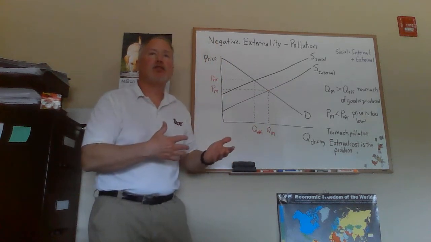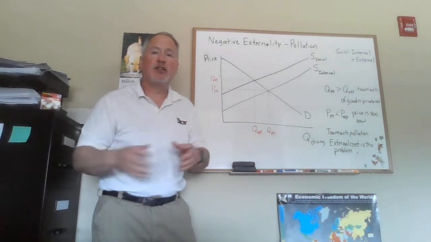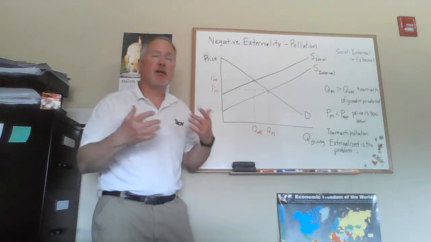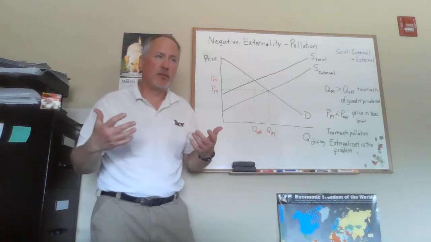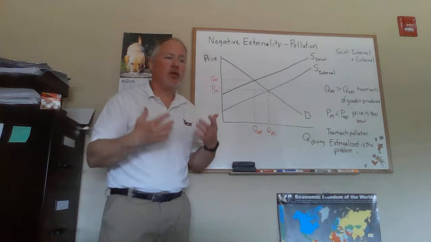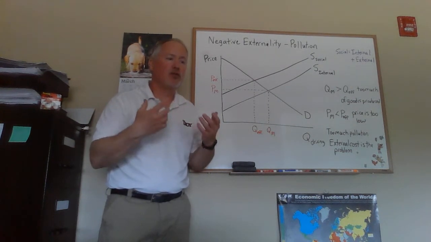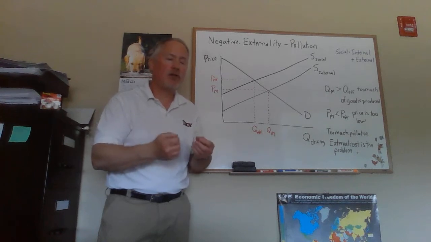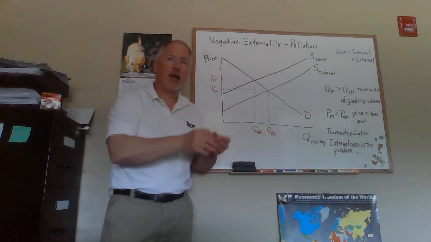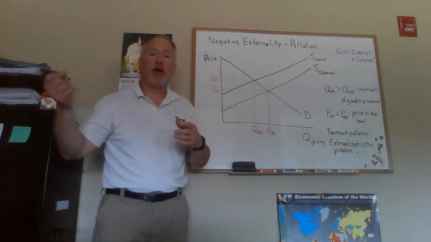But as you drive a gas-powered car down the road, some exhaust comes out of the tailpipe. And some of that exhaust includes chemicals that can impact air quality. So in effect, as you drive, the costs of driving not only include the cost of the car and the gasoline and all those costs, but also the cost of damage to the environment.